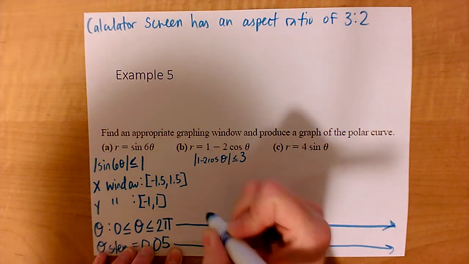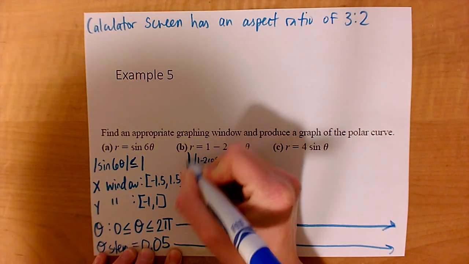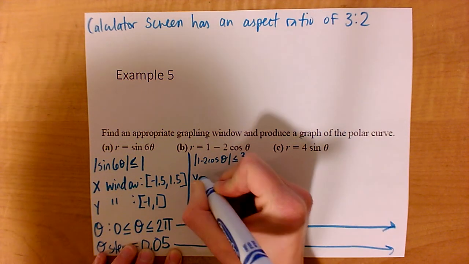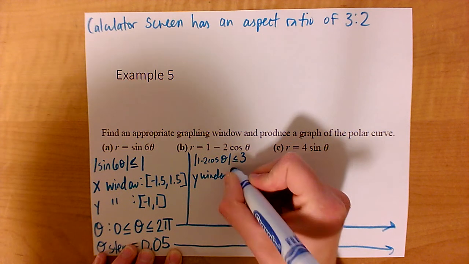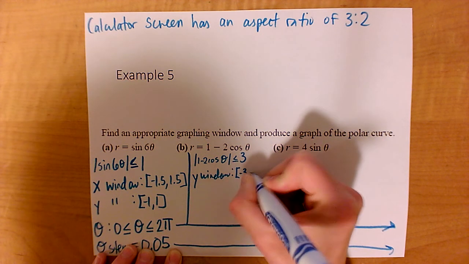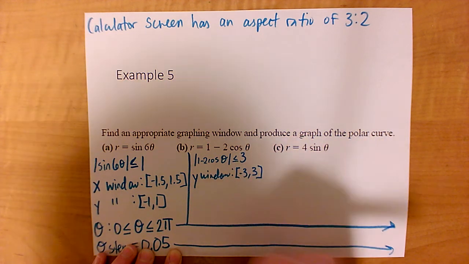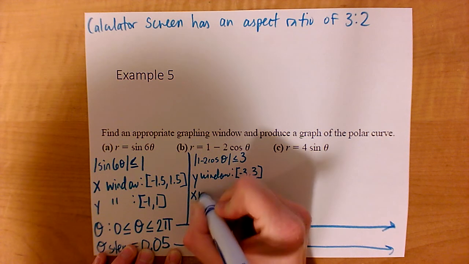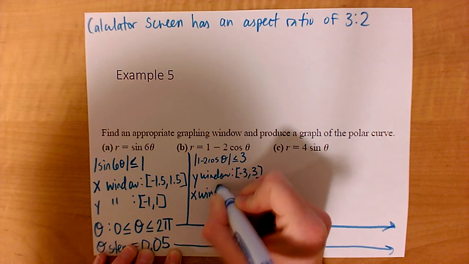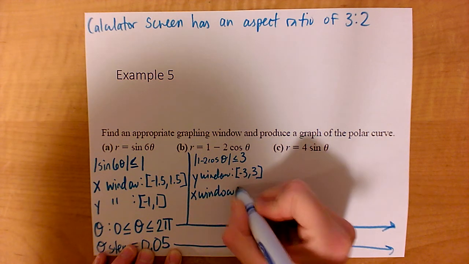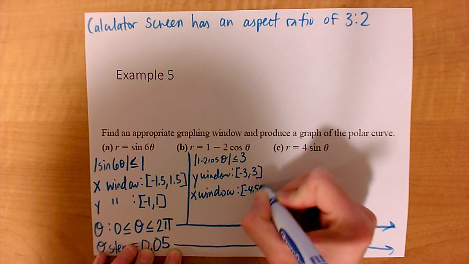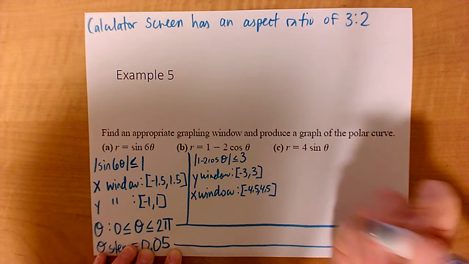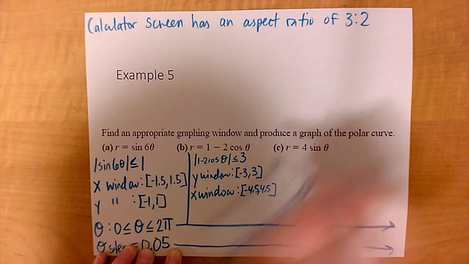So because of that, we could say, let's have our Y window go from -3 to 3, and then to match it with the aspect ratio of 3 to 2, our X window will go from -4.5 to 4.5. Okay?